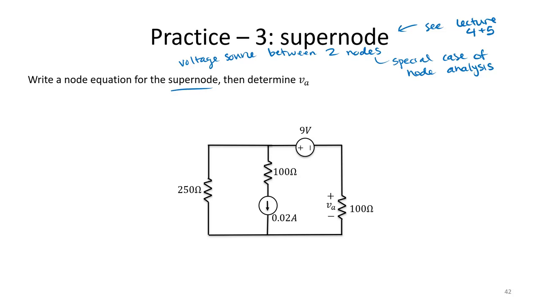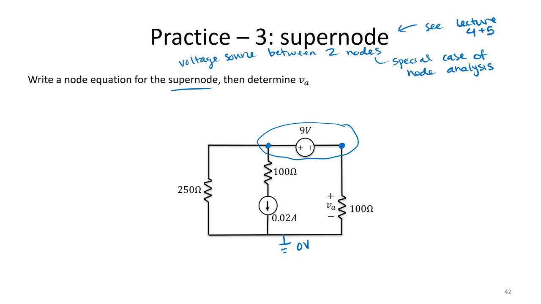So in this case, let's just assume that my bottom node is ground. And hey, what do you know? I just have one voltage source in this circuit, and it is indeed sitting between two distinct nodes.